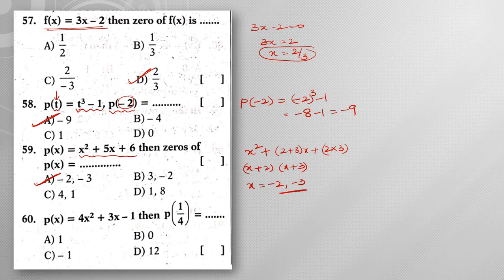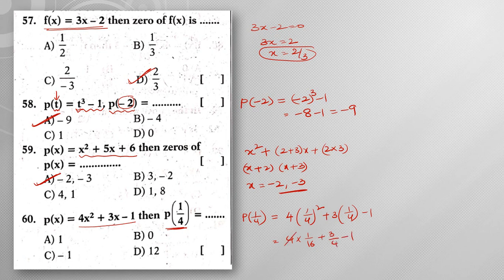Next, p of x is equal to 4x square plus 3x minus 1, then find the value of p of 1 by 4. In the place of x, replace with 1 by 4. So 4 times of (1 by 4) whole square plus 3 times of 1 by 4 minus 1. This gives me 4 times of 1 by 16 plus 3 by 4 minus 1.